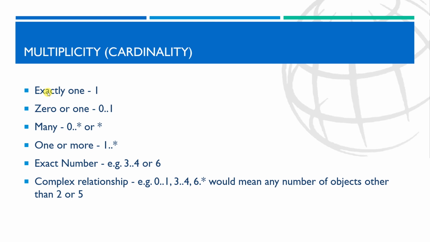The asterisk will mean any number of objects other than 2 or 5. In this case, the 2 or 5 aren't in this relationship, and we can use one of these multiplicities in the diagram.